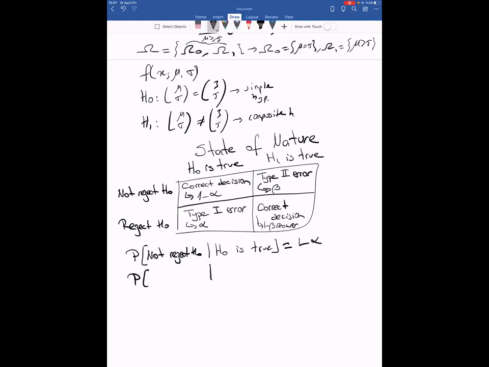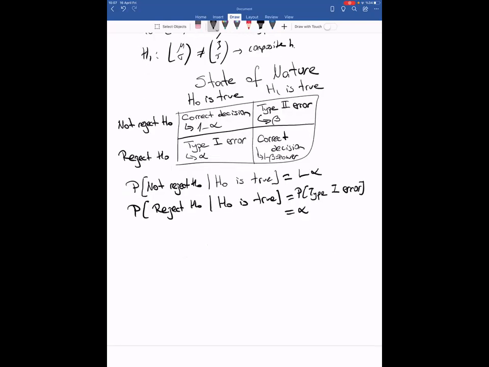The probability that H0 is true but we reject H0, so we are making a type 1 error, is namely given as the alpha level. So this alpha is our significance level.